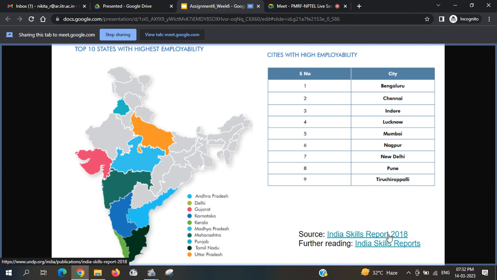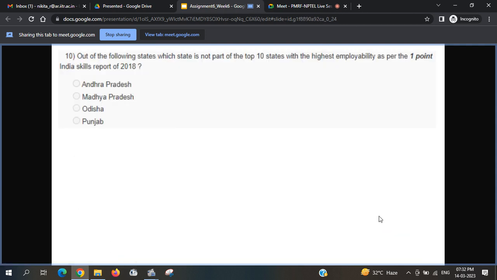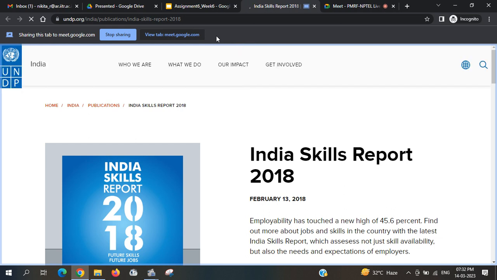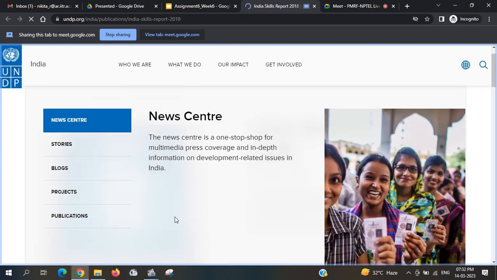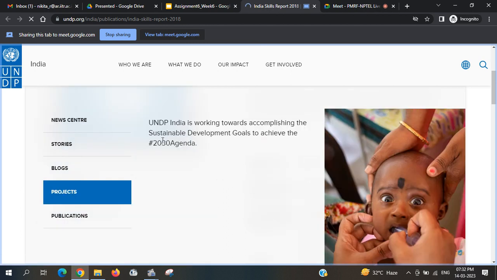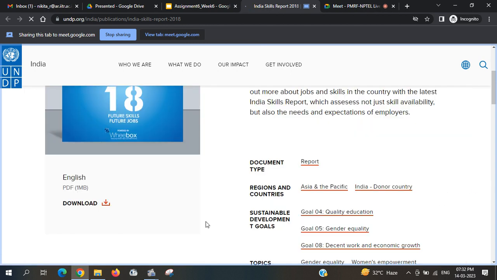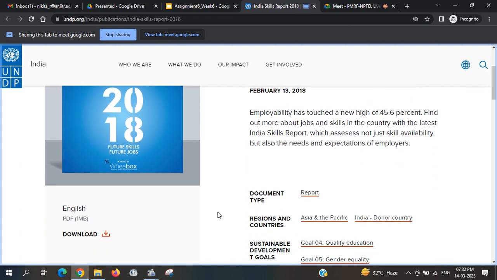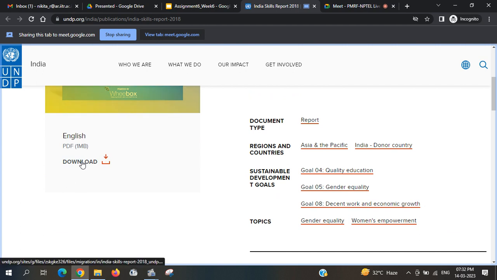I have also provided you the link of this report. So the report that we are talking about in this question is the report for 2018. So this link will take you to this 2018 India Skills Report. So this is prepared by a consultancy, VBox, for UNDP, and you can download the report here.